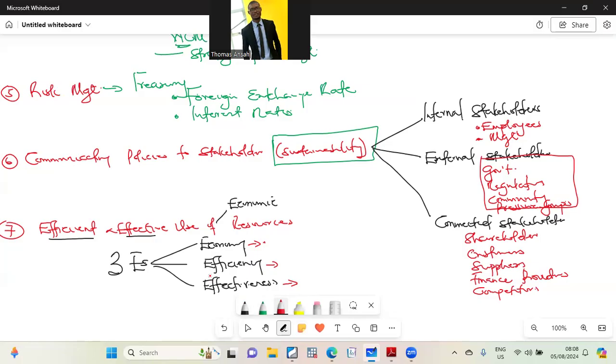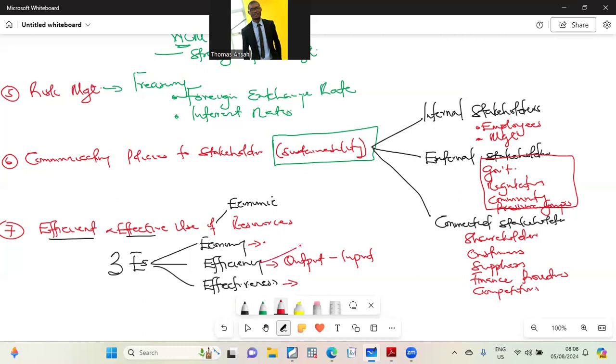Then efficiency is about the ratio of output to input. So that quality resource you had at a very small price, which is going to be your input, you should be able to produce more output out of it. So achieving a higher level of output with the little input that you have.